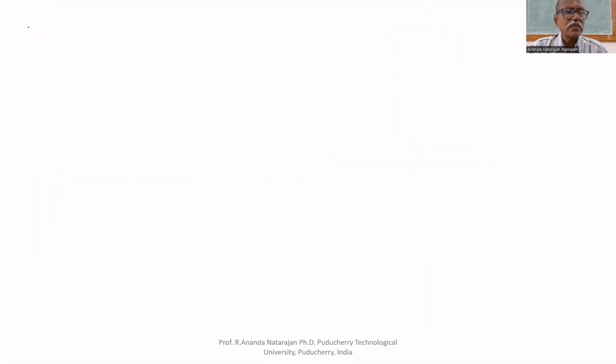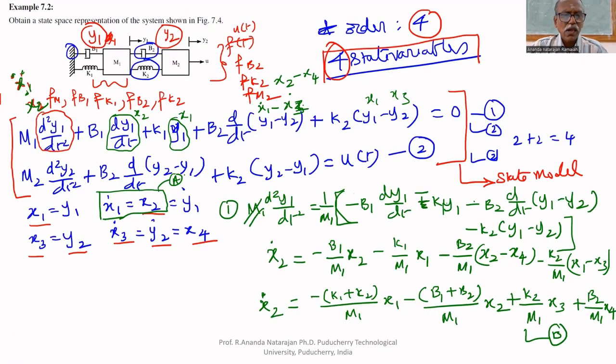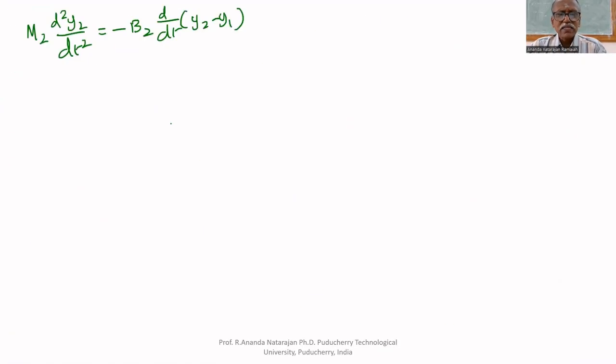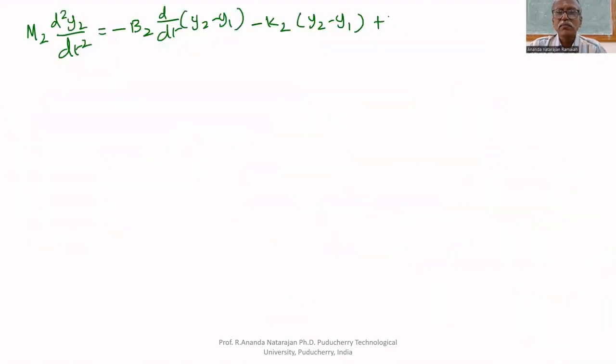What is the second equation? m2 d square y2 by dt square equal to minus b2 d by dt of (y2 minus y1) minus k2 (y2 minus y1) plus u of t.